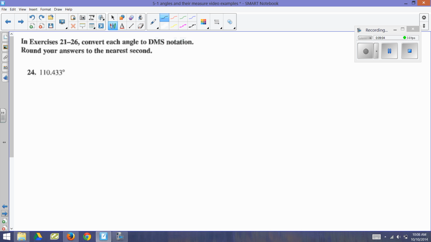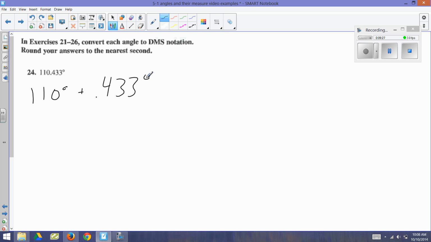Convert the angle. 110 degrees plus 0.433. Let me rewrite that because that didn't look very good. 0.433 degrees.